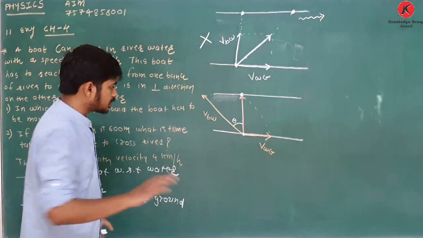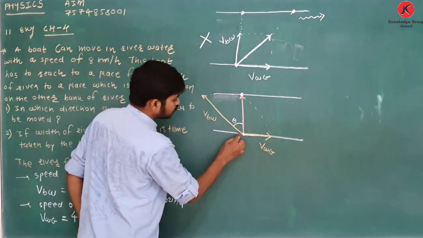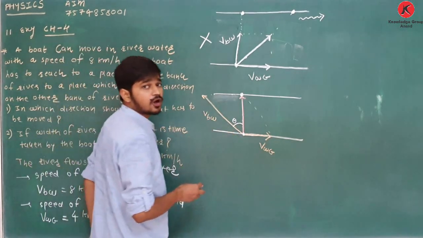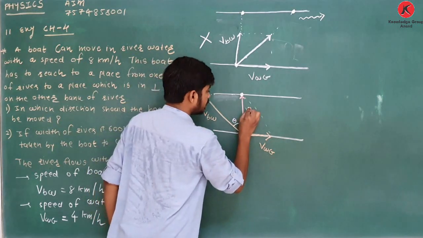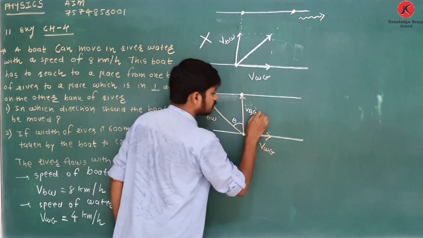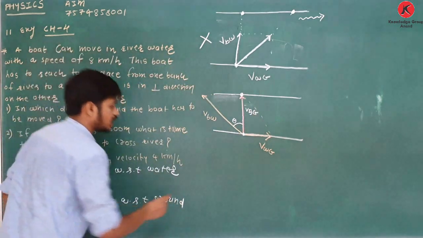Now what happens? Water is going in this direction, the boat is moving in this direction. So what is the resultant velocity? The resultant velocity of the boat with respect to ground is VBG. VBG means velocity of the boat with respect to ground.